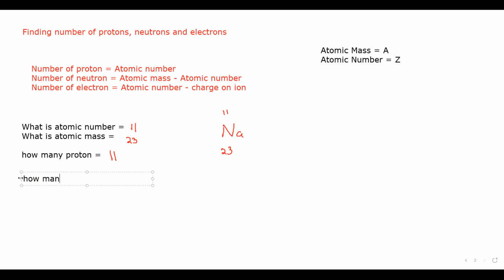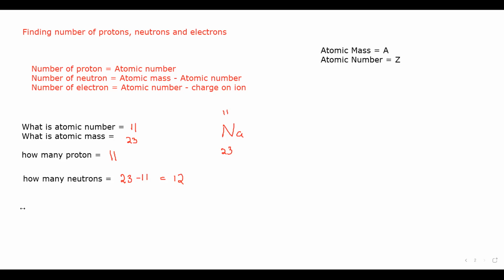And first, how many neutrons are there? To get the number of neutrons, we take the difference, atomic mass minus atomic number. Atomic mass is 23, atomic number is 11, so 23 minus 11. There are 12 neutrons.